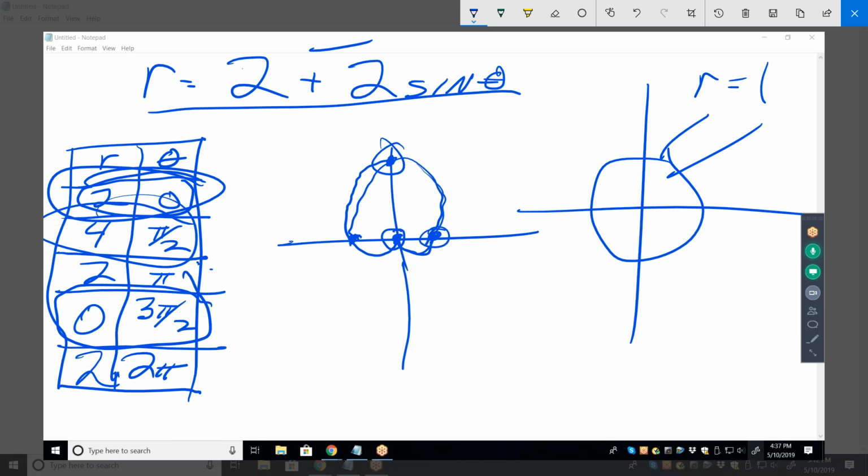And that comes in really handy in calculus. Sometimes you need things to be functions. So you can treat a circle as a function as long as it's written in polar coordinates. It's not a function if it's written in rectilinear.